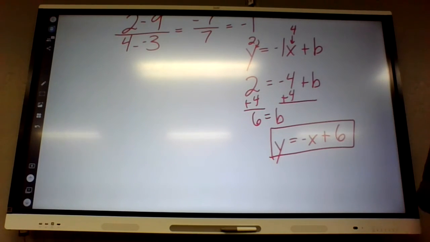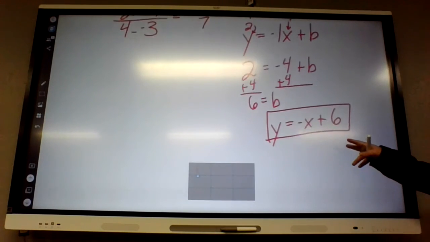How many seniors are taking calculus? None. Juniors take pre-calculus. So none of the seniors are taking calculus at the college? I don't think so. I don't think it's offered. There are a couple taking, I think it's college algebra though.